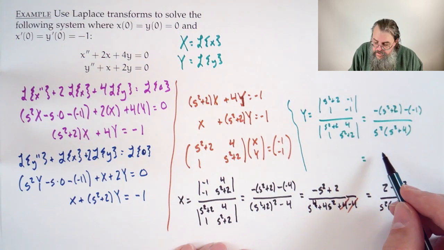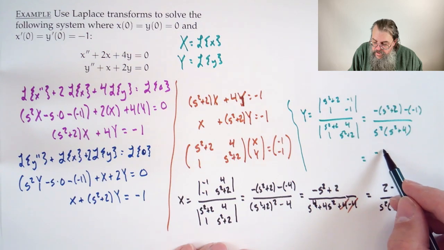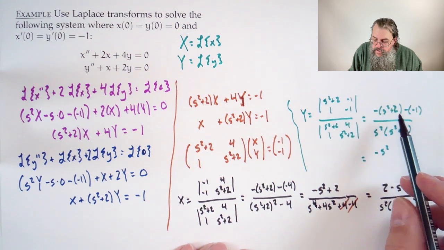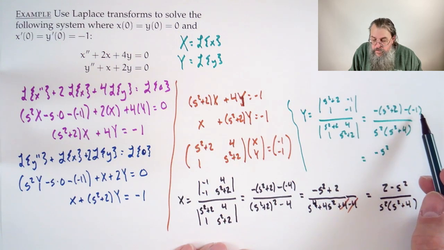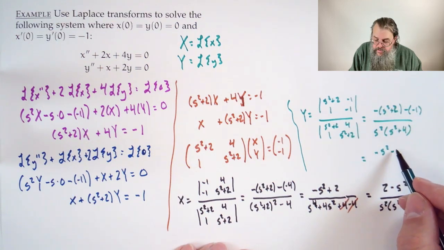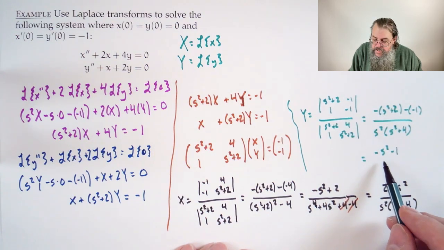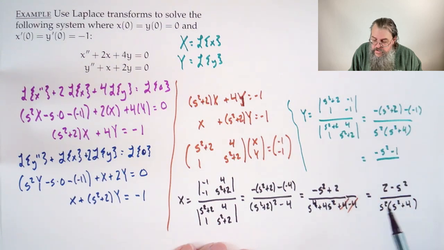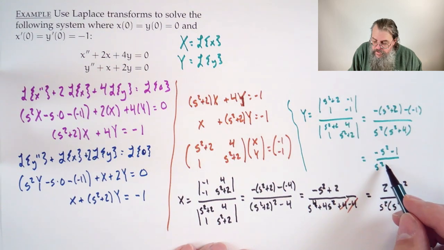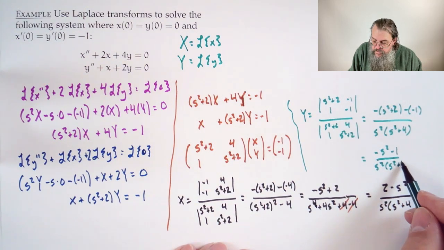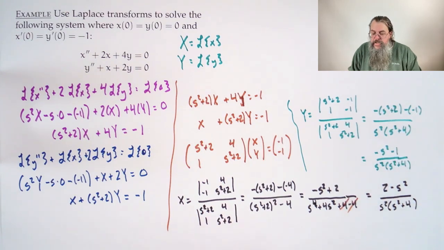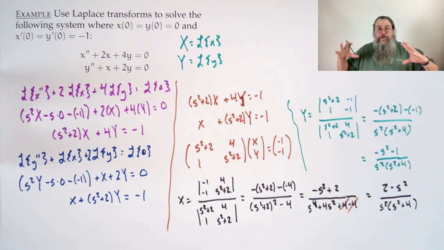So we have a minus s squared, and then a minus 2 plus 1. Minus 2 plus 1 makes a minus 1. And downstairs, we have s squared times (s squared plus 4).